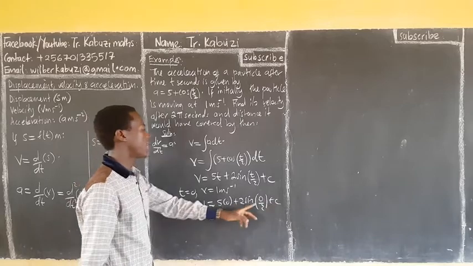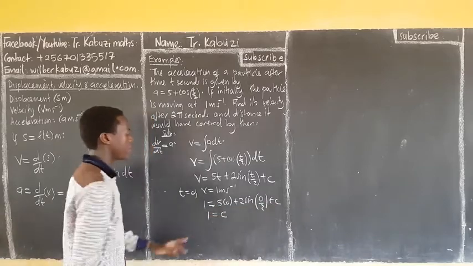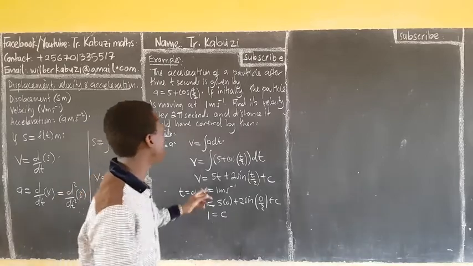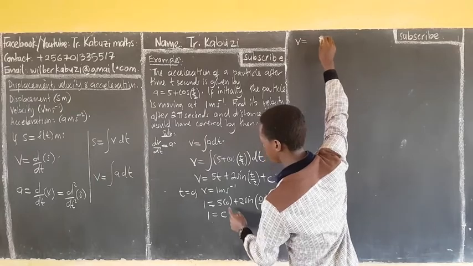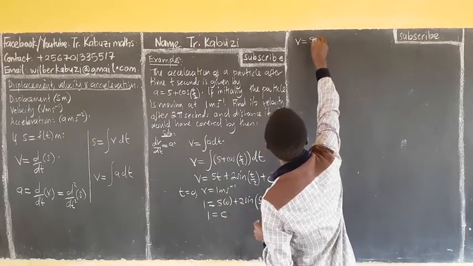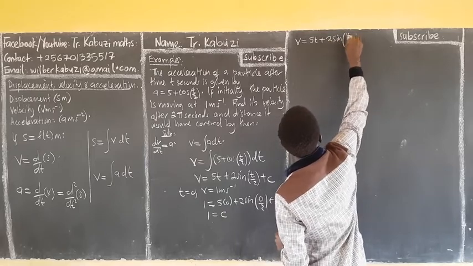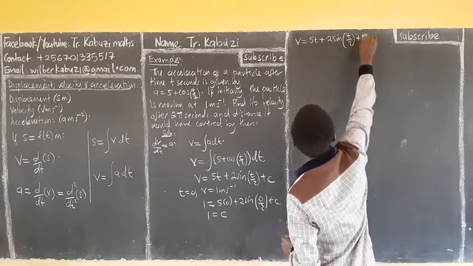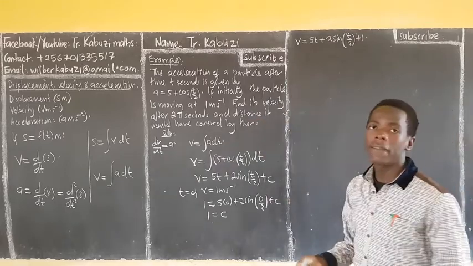This will be 0, sine of 0 is 0, so that our c will equal 1. Writing the expression for velocity again, my velocity will be 5t plus 2 sine of t over 2, then plus 1.